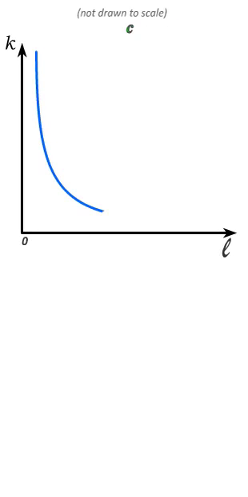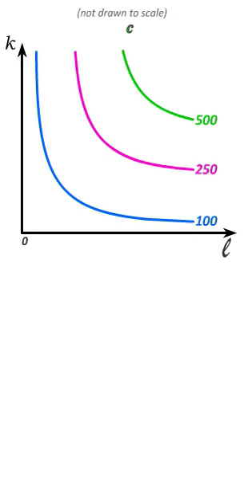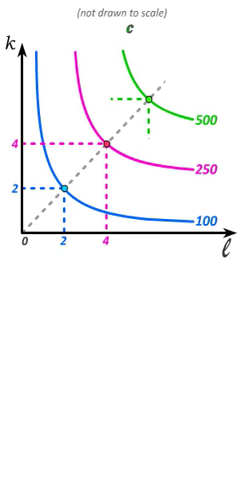In panel C, we again draw the same shapes for the 3 isoquants, but we again change the labels on the magenta and the green to increase even further than they did in panel B. As we double the input level from 2, 2 to 4, 4, we now more than double the output, going from 100 to 250.